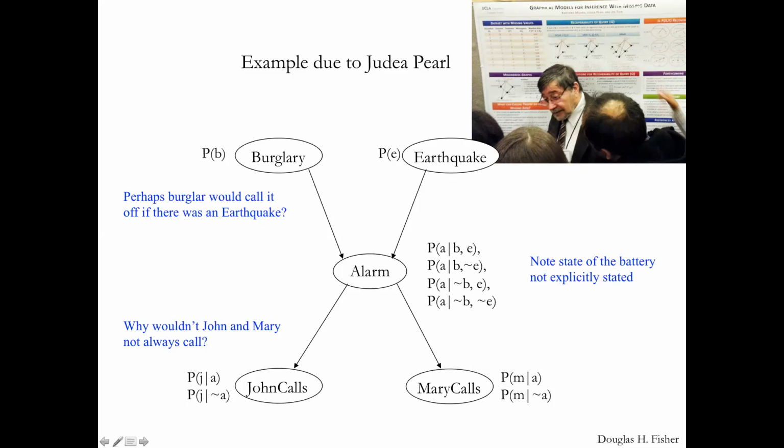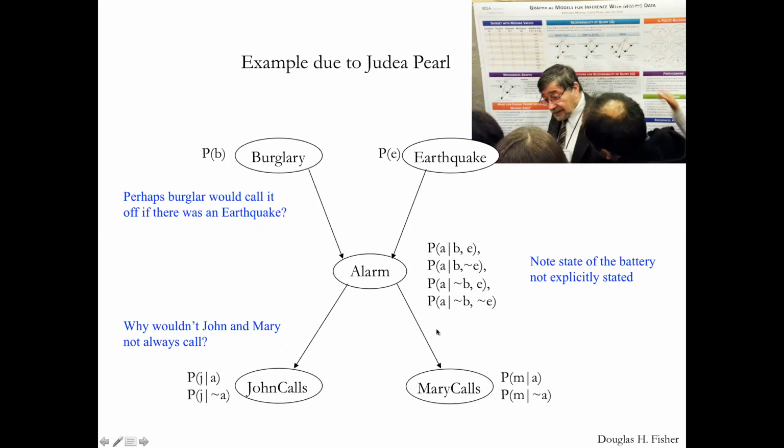But we can simply argue that this is a reasonable network, and for whatever reason the knowledge modelers are not worried about that negligible situation in which an earthquake might occur. You know, why wouldn't John and Mary always call? Well, one, possibly they're lazy or ignorant. They may not be home. They might not know the alarm is going off.